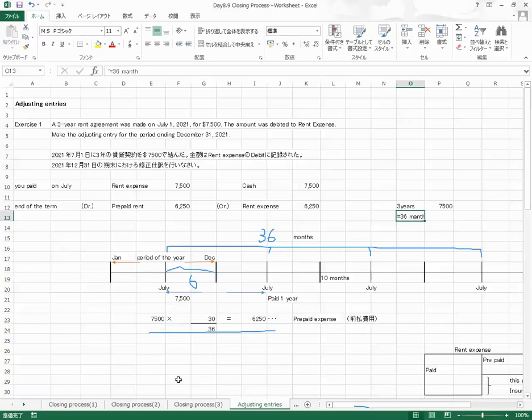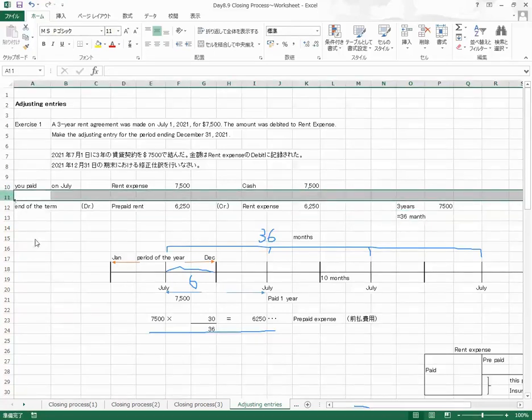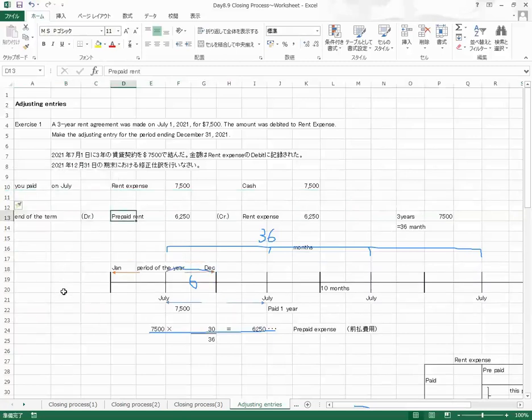We should think about that portion first. So we should divide 30 by 36, and you get 0.83333. And then multiply by 7,500. In this case, you get 6,250.